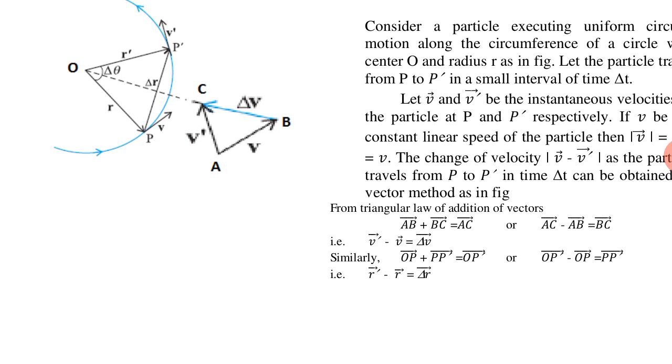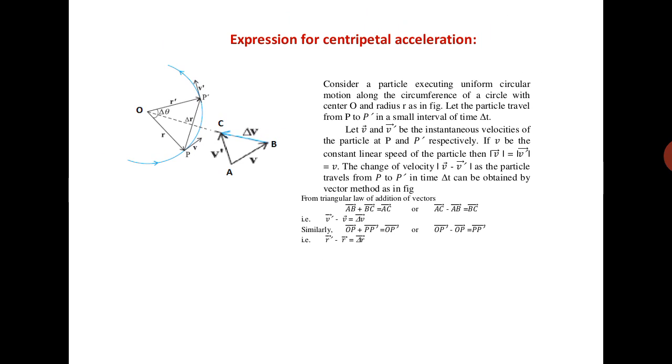So from this, vector OP dash minus vector OP equal to PP dash. So that one is change in the position of the radius, that we can call it as delta R. So we can write R dash minus R equal to delta R. Okay, cleared?